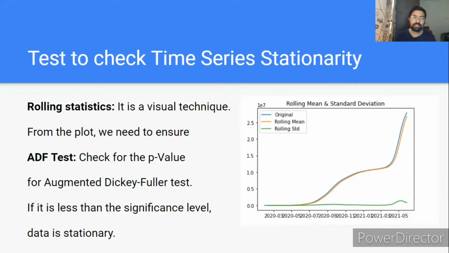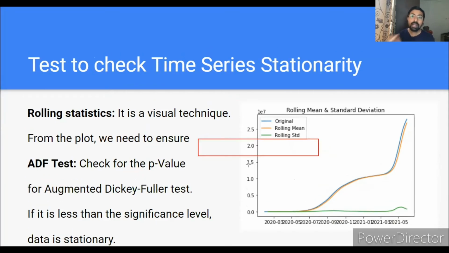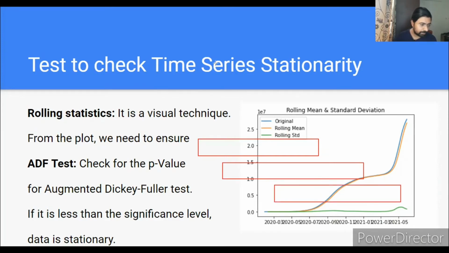What is rolling mean and rolling standard deviation? Just as an example, you have seen the COVID-19 data. It can give you the daily data, or you can take the average of the last 5 days as today's data. If I have 1, 2, 3, 4, 5 in my last 5 days, what will be my today's rolling mean? That will be 3.